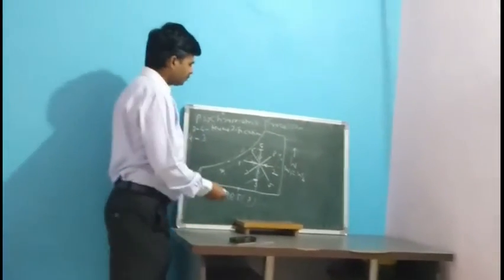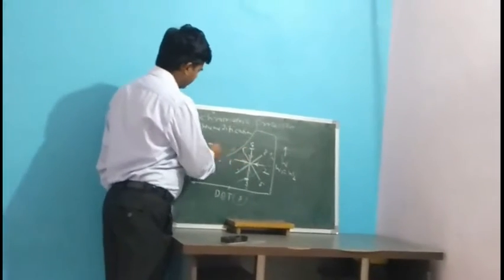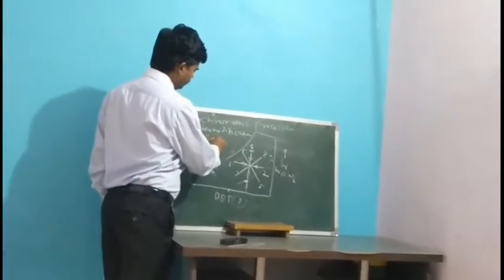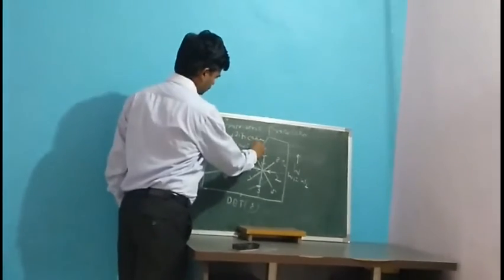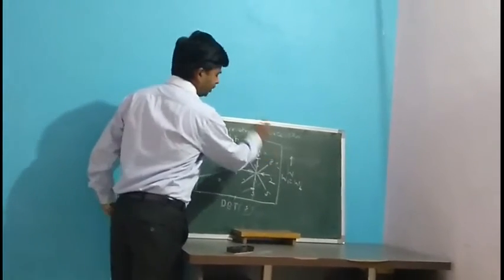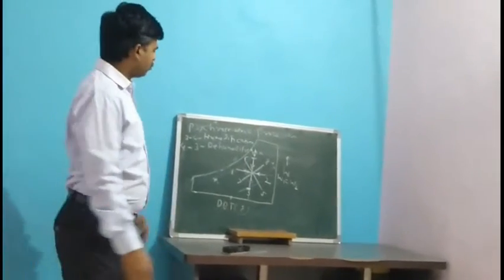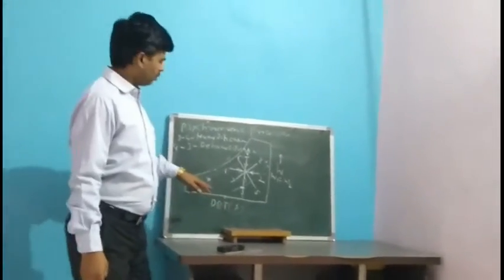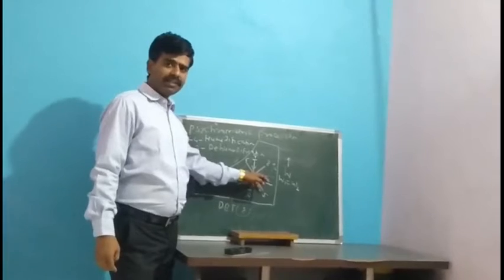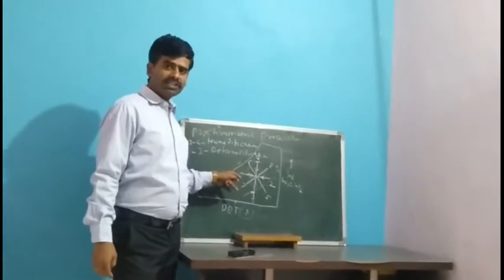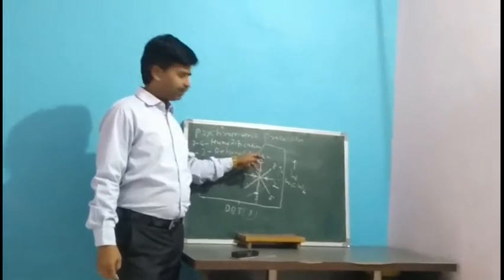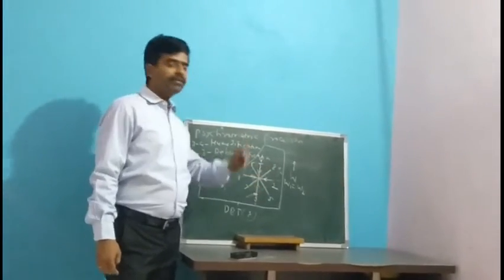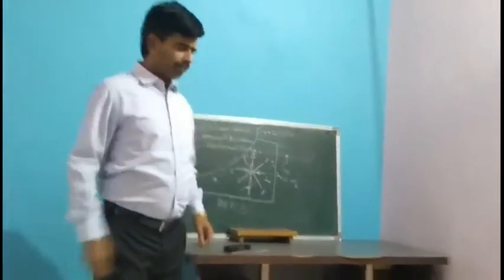This process is known as a dehumidification process. So we have learned the four processes now. 1 to 2 is a sensible heating, 2 to 1 is a sensible cooling, 3 to 4 is a humidification process, then 4 to 3 is a dehumidification process.